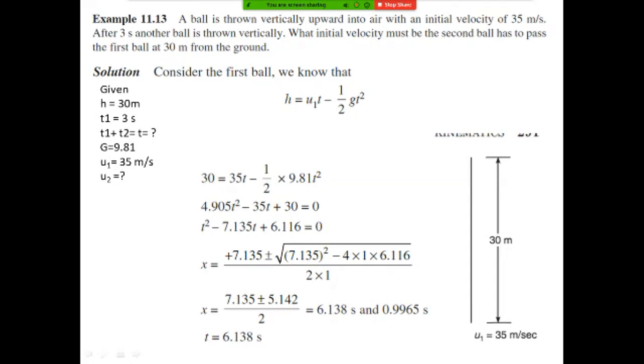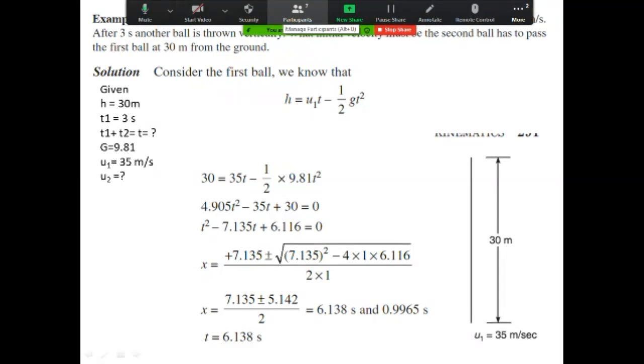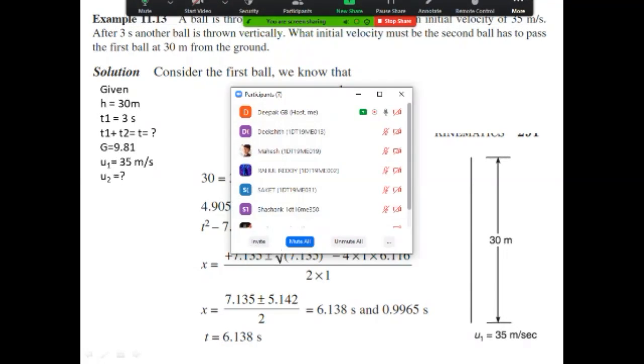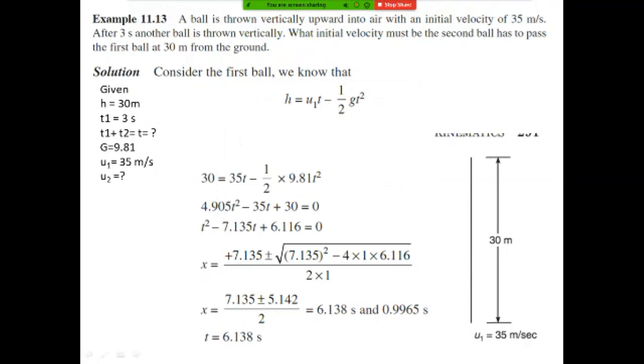To solve these types of equations, you have the formula: x equals minus b plus or minus root of b square minus 4ac, by 2a. This is to solve a quadratic equation, right? This is the simplest form.